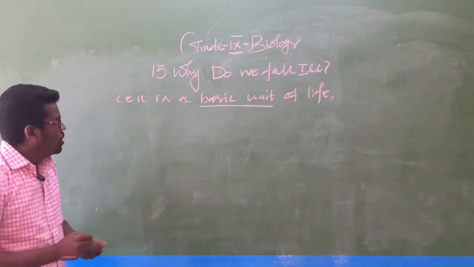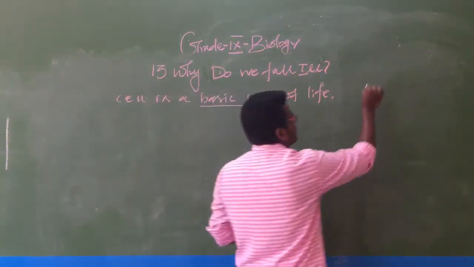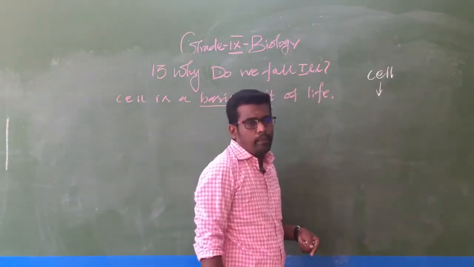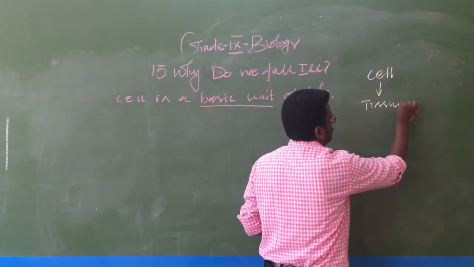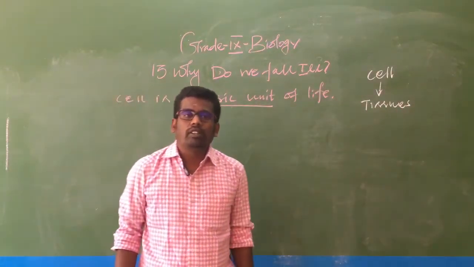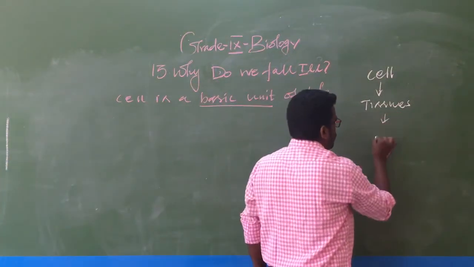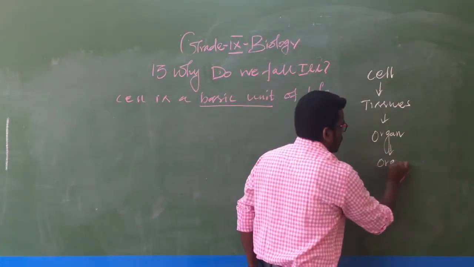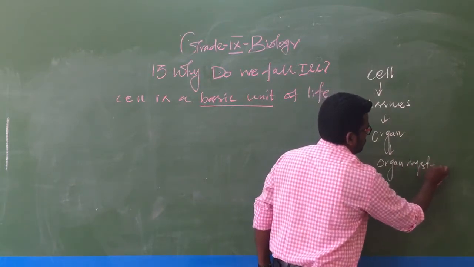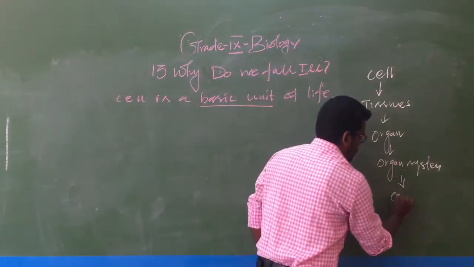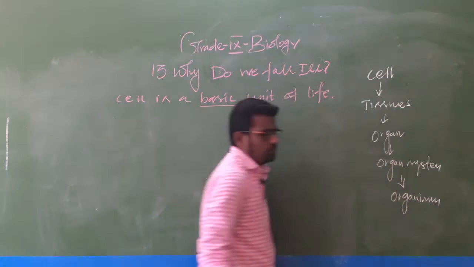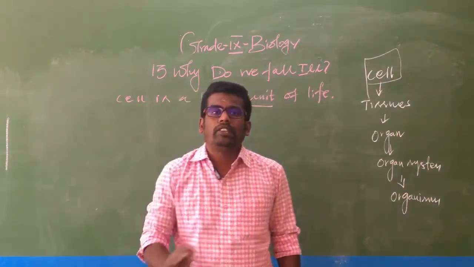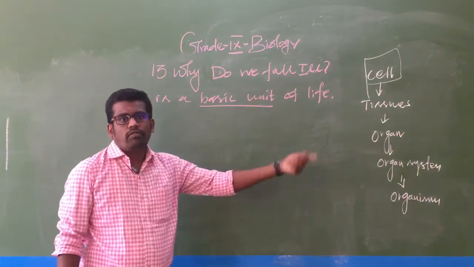Why is the cell called the basic unit of life? Because the cell multiplies and forms tissues. What are tissues? A group of cells is called a tissue. Then the tissues form organs, the organs form organ systems, and the organ systems form a complete organism. So for developing a complete organism, the cell is the basic, and so it is called the basic unit of life.